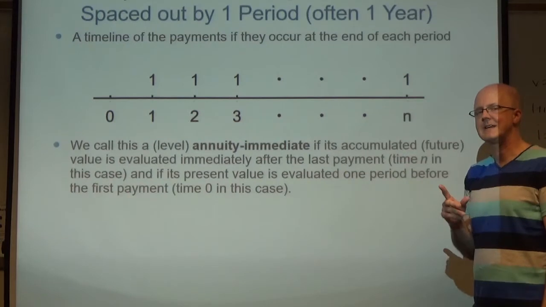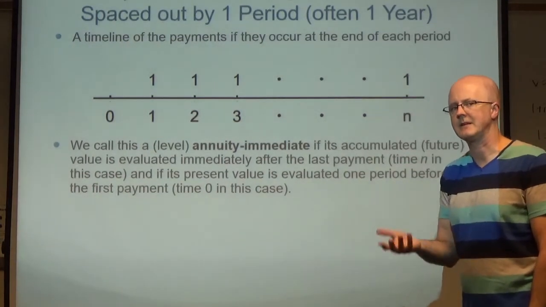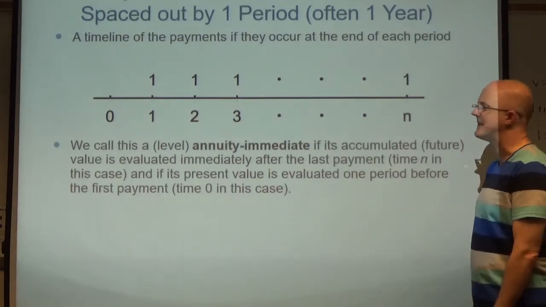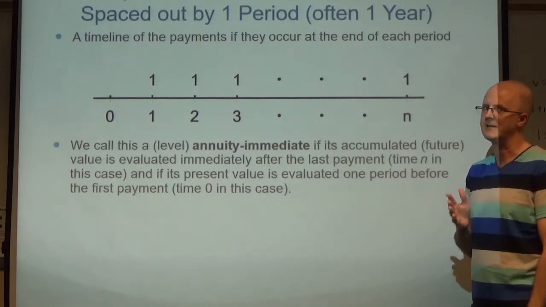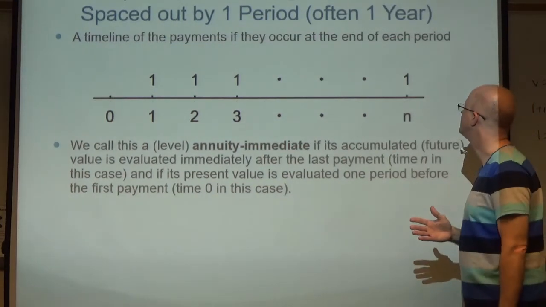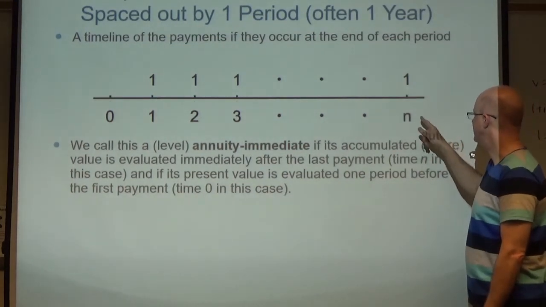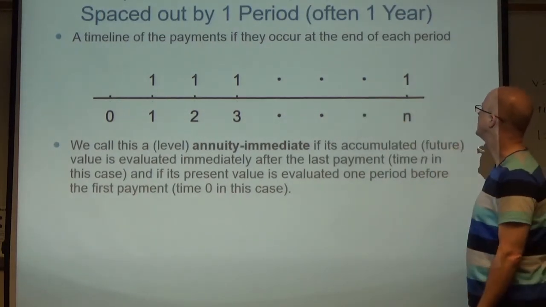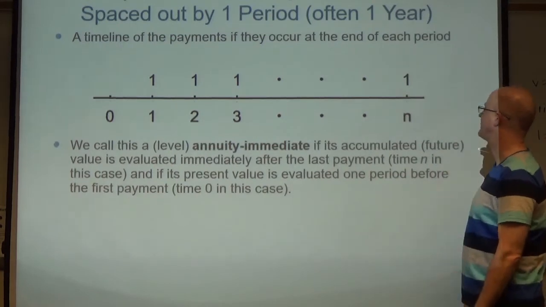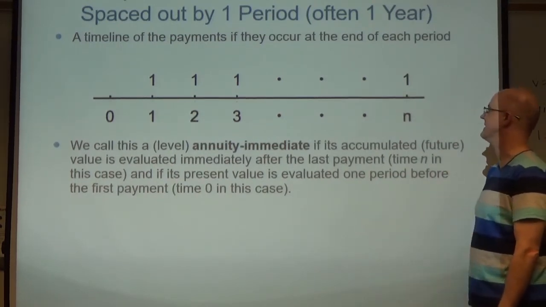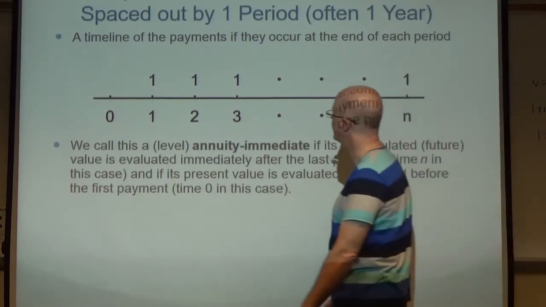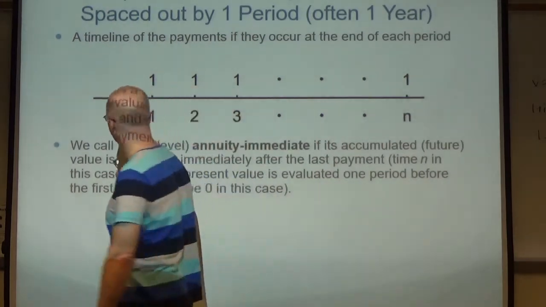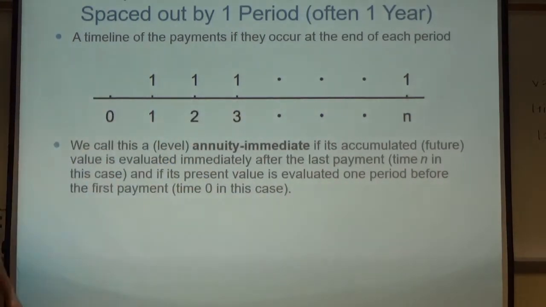It's often phrased as occurring at the end of the period or the end of the year, your payments. It's actually not the absolute best way to think of it in general, but the best way to think of it is you're evaluating the future value of this stream of money immediately after that last payment, and the present value of the stream is evaluated not immediately before the first payment, but in fact 1 period before the first payment at time 0.